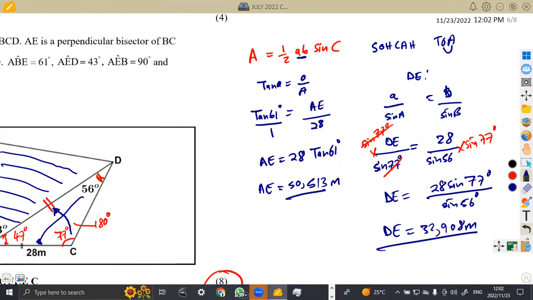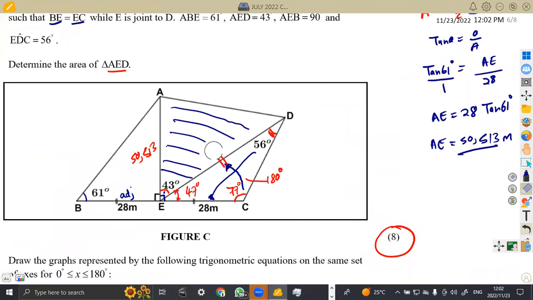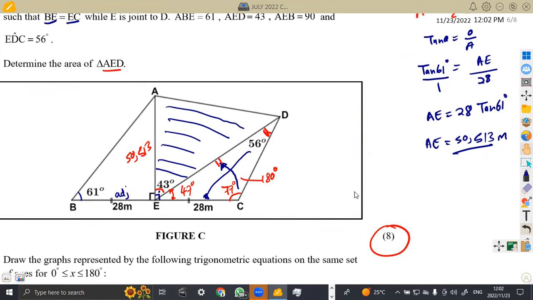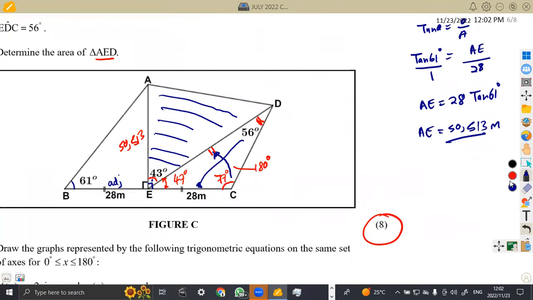So having our DE here, we can just indicate our DE. Let's check here. It's 32.908 meters. So we have the two sides and the angle in between of 43 degrees.